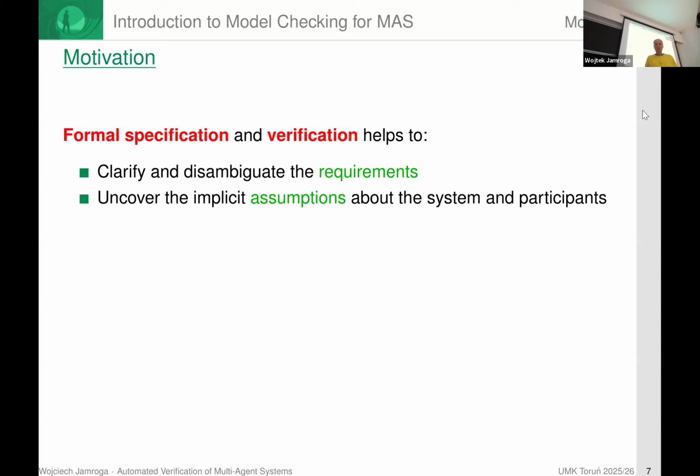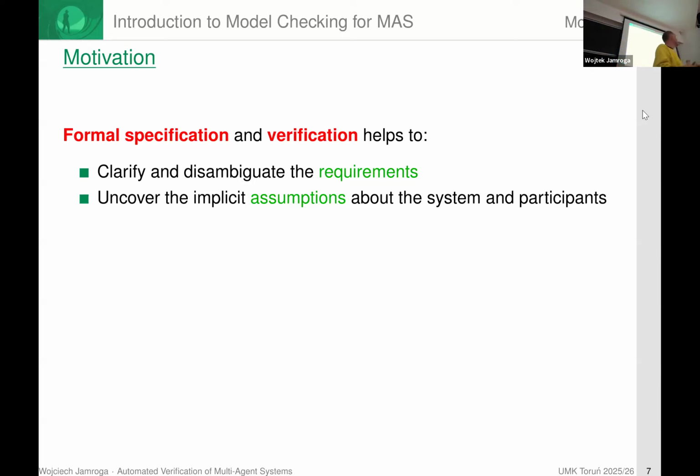So the idea here is we may want to use some formal language which has a precise semantics already at the specification phase and the prototyping phase, and do some verification at the prototyping phase to make sure that we are on the right track.